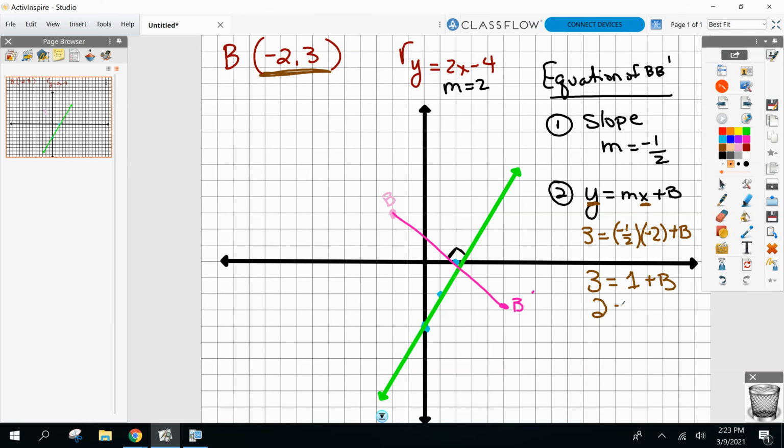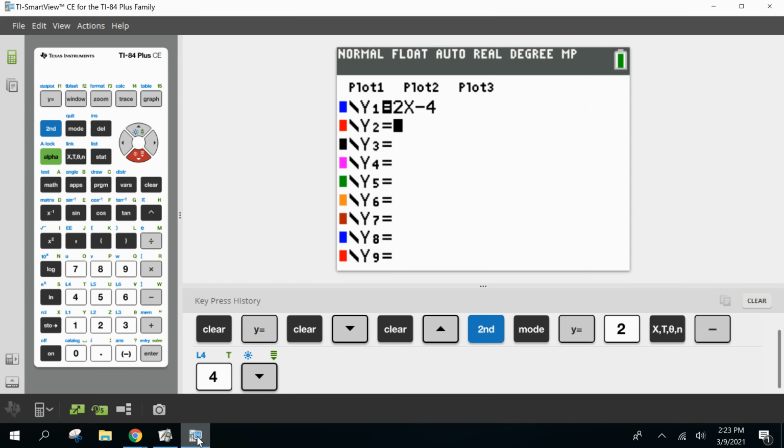Move the 1 over. My y-intercept is 2. So the equation of B prime, y equals -1/2 x plus 2. All right, all good? That's what I'm going to plug in now to y2 in my calculator.